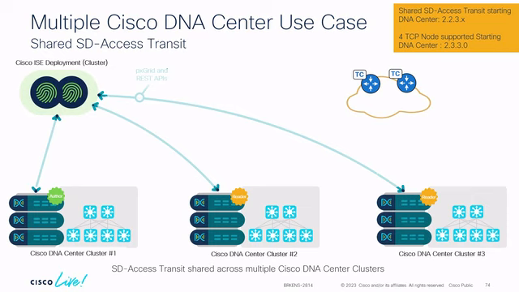For that, we have multiple transit options. One is called an IP transit. The second one is an SD-Access transit. And the third option is SD-WAN transport. If you already have SD-WAN, you can certainly use SD-WAN to carry your VN or VRF information, or SGT information across your WAN.